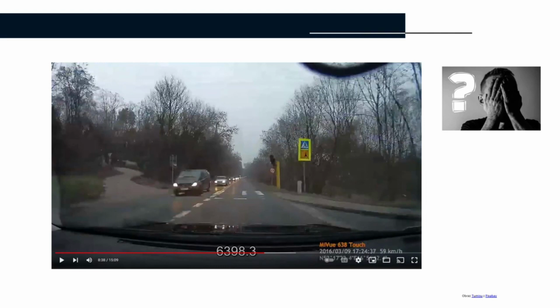So it's very dangerous, and I know that there is a problem with the speed because we have a speed camera here, yes, but I don't know if this speed camera close to the pedestrian crossing is enough to make this pedestrian crossing safe for children.